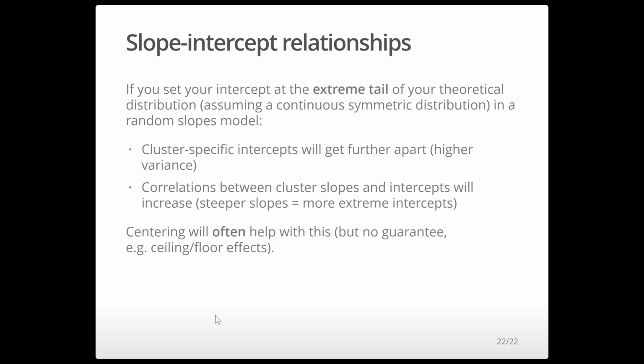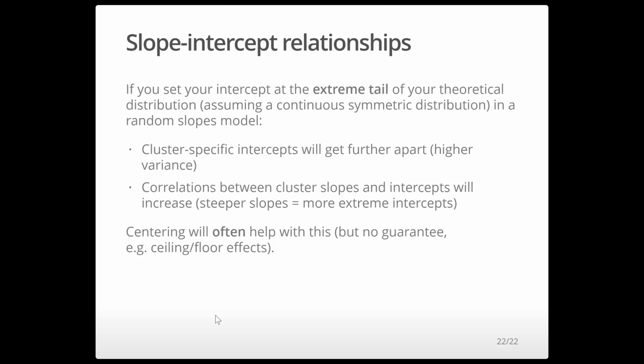So if 0 is in the tail of your distribution, then the intercepts are going to be very far apart, because that's the value when the predictor is 0. Additionally, the correlation between slopes and intercepts will increase when you're in the tail. And that's because steeper slopes mean more extreme intercepts.